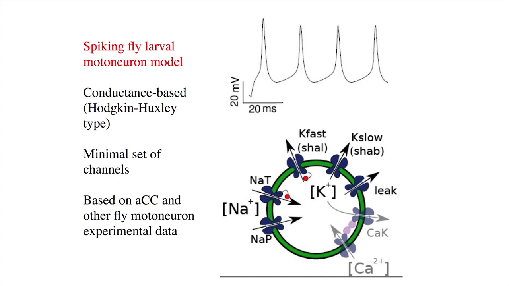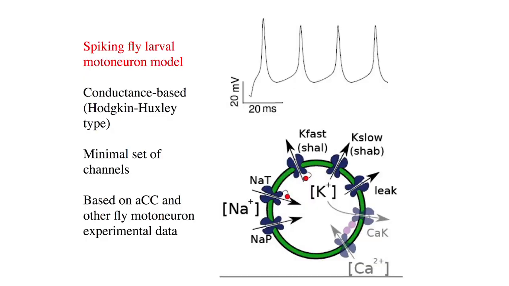And I have a file that I gave to Simone for posting that has a link to a paper if you're interested more to see some experimental traces of these neurons and interested in the background of all of this. But for the purposes of our exercises this afternoon, this is a relatively simple conductance-based Hodgkin-Huxley type model neuron.